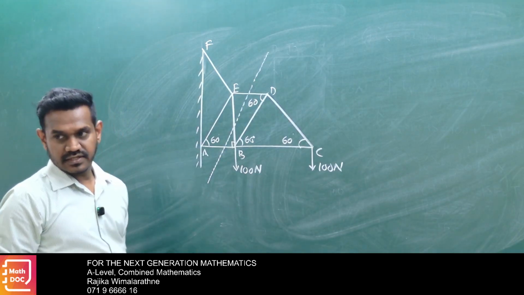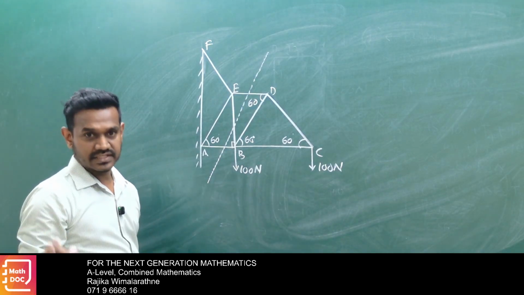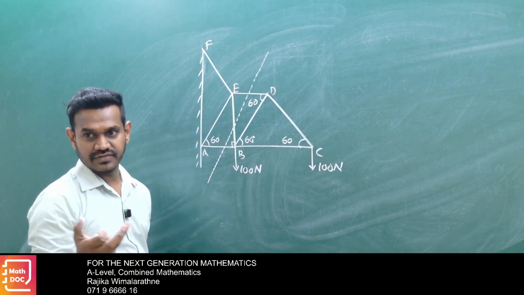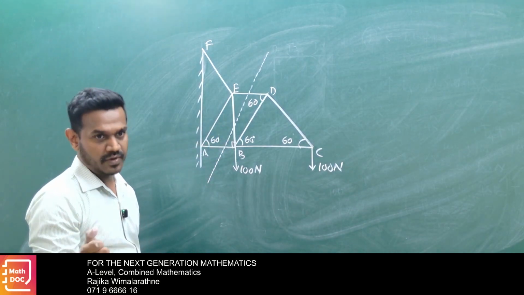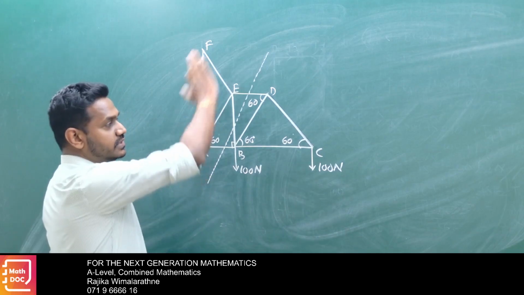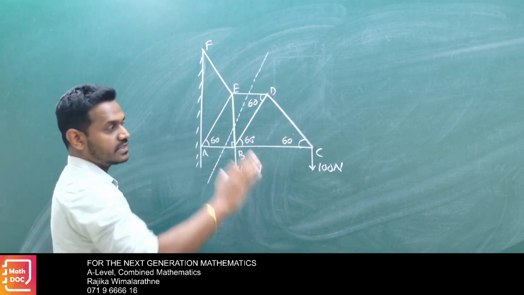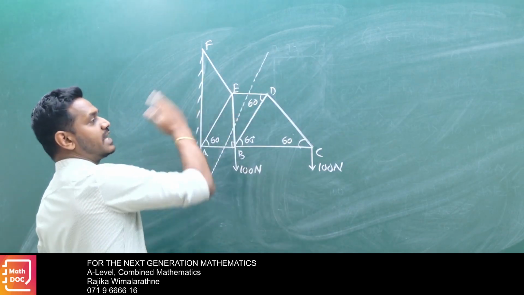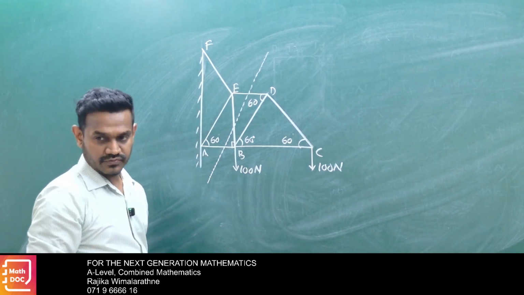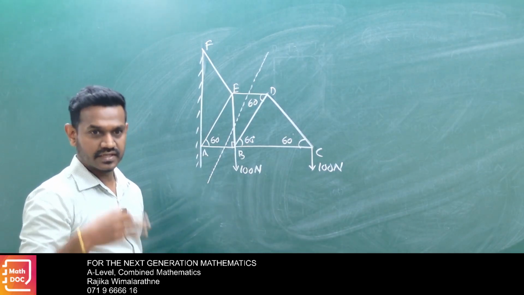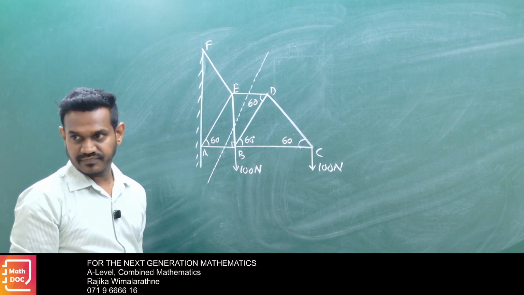Maximum 3 rods. You cut maximum 3 rods because we can resolve horizontally, we can resolve vertically, and we can take moment. Now the full system is in equilibrium. Then the right hand system is in equilibrium, the left hand system is in equilibrium. That means one section is also in equilibrium.